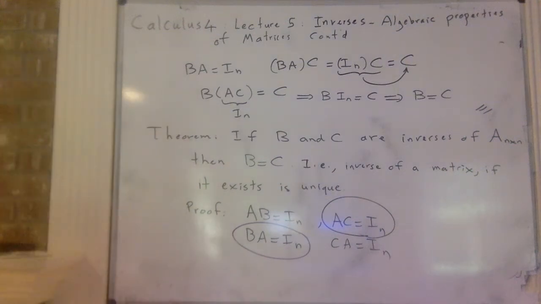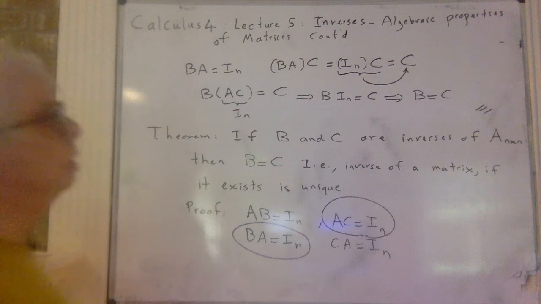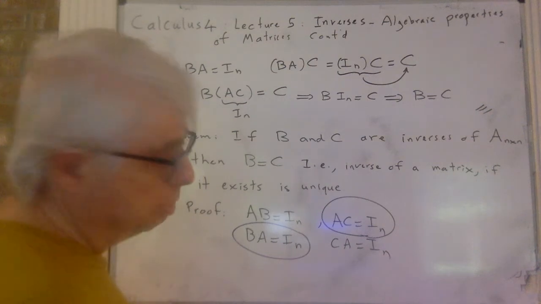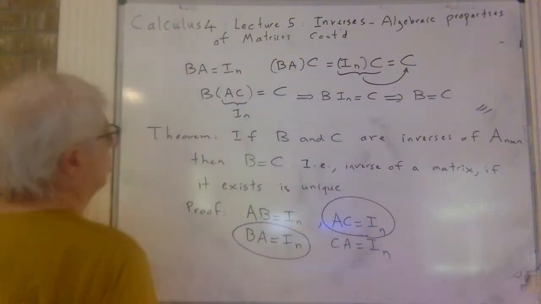So if you find the inverse using any method, or using Mathematica or some computer software, then that's it. That is unique. There is no other inverse. And if you cannot find it, if it doesn't exist, then it doesn't exist.